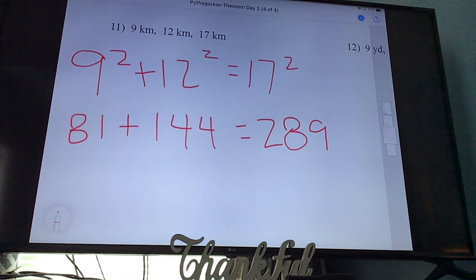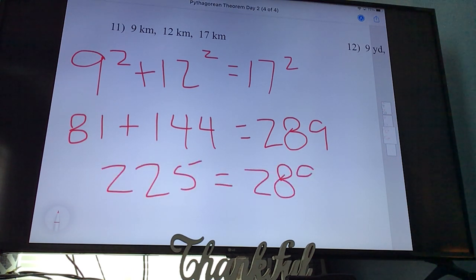And so I need to figure out, well, what is 81 plus 144? It's 225. Does 225 equal 289? No, so this is not a right triangle.